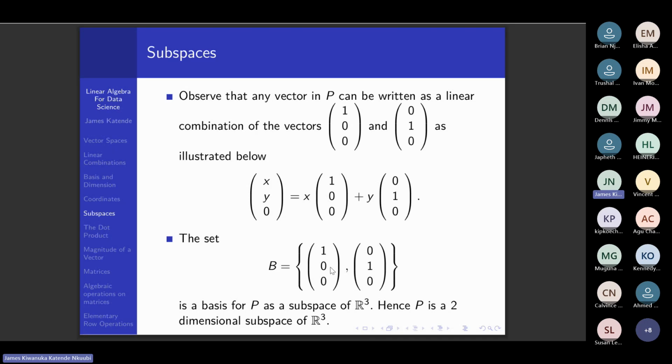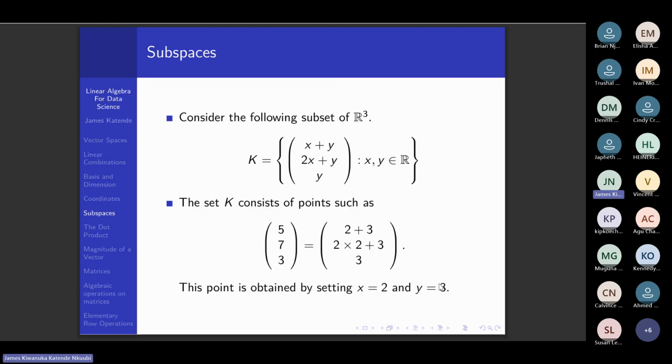So these two vectors form a basis for our subspace P because they are linearly independent and they span our subspace. Now that the basis has exactly two vectors, we will say that P is a two-dimensional subspace of R3, or the three-dimensional Euclidean space.